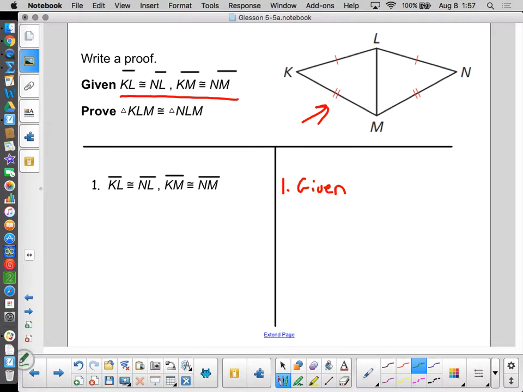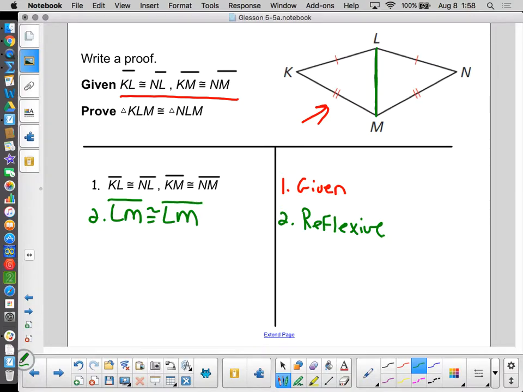Or if I have two triangles that are sharing a side, where one segment is a side in both triangles, like LM right here, that's something I'm going to be interested in. That's a reflexive situation. So when I see a shared side, my reason is going to be reflexive. And I simply name it. LM, and it is a segment, is congruent to LM.